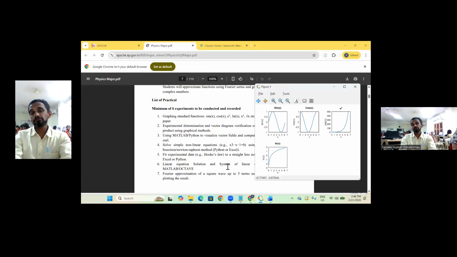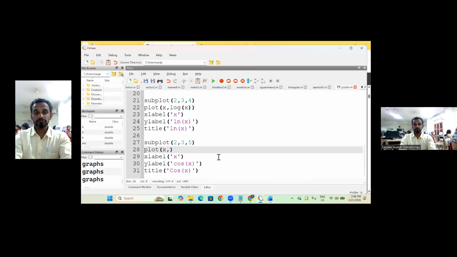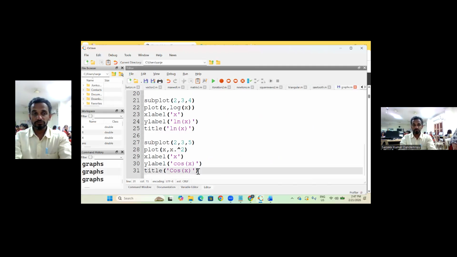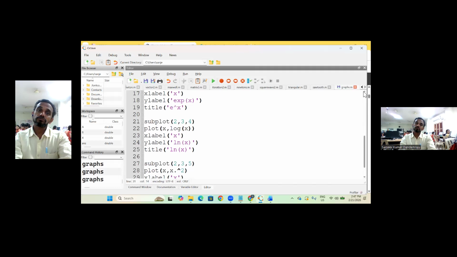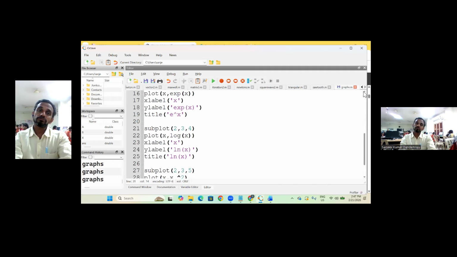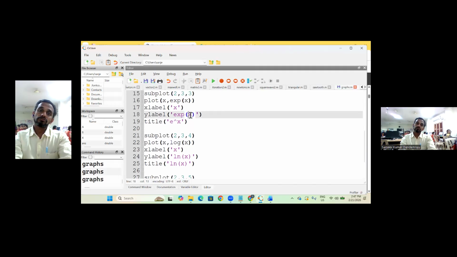Next, square root x. For e power x, the operator is exp.